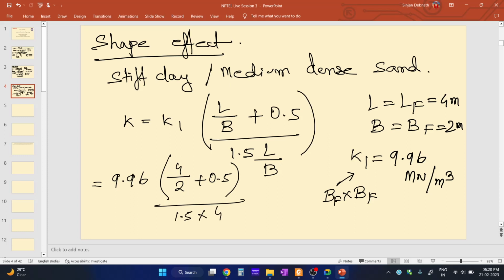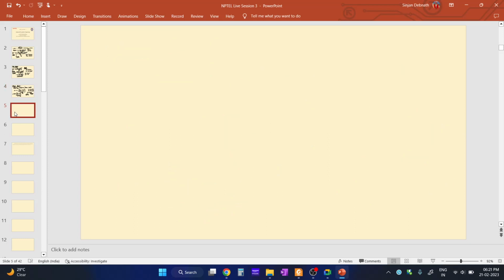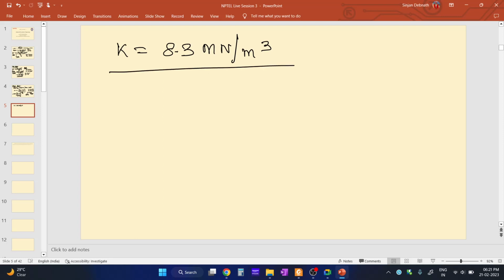Now if you calculate this equation, you will get K is equal to 8.3 meganewton per meter cube. This is the subgrade modulus for the rectangular footing having dimensions 2 meter by 4 meter. So this is the answer.